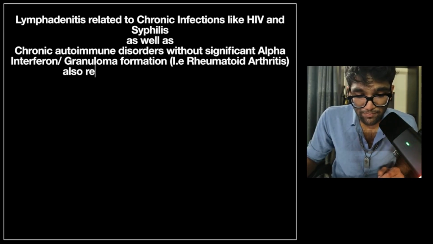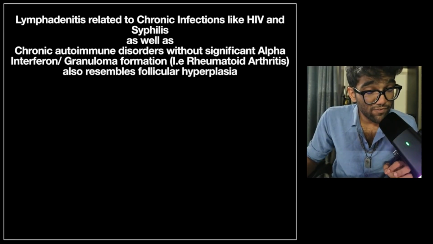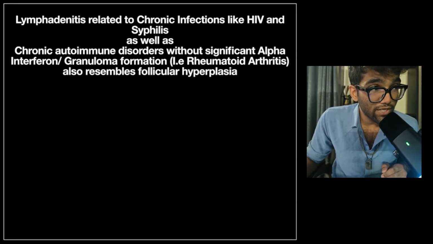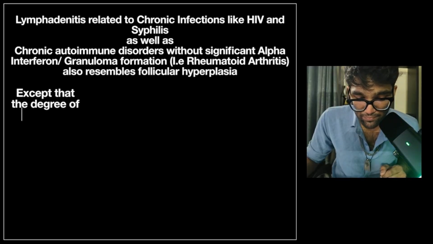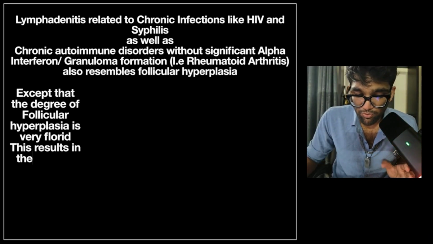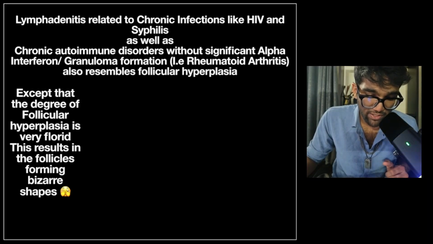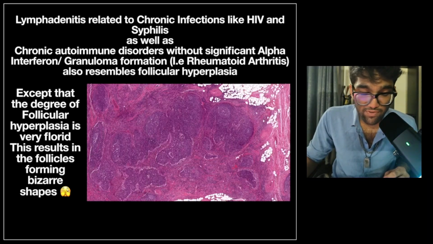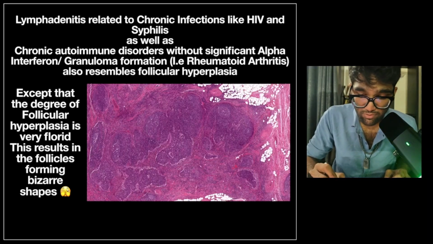What you find is that we have very florid follicular hyperplasia, except that the degree of follicular hyperplasia is extremely profound. It is very, very significant. And these follicles assume very bizarre shapes. As you can see, it's almost a geographic pattern of a follicle.